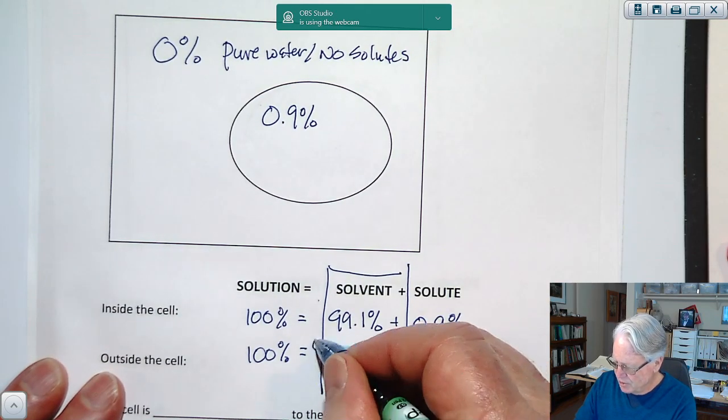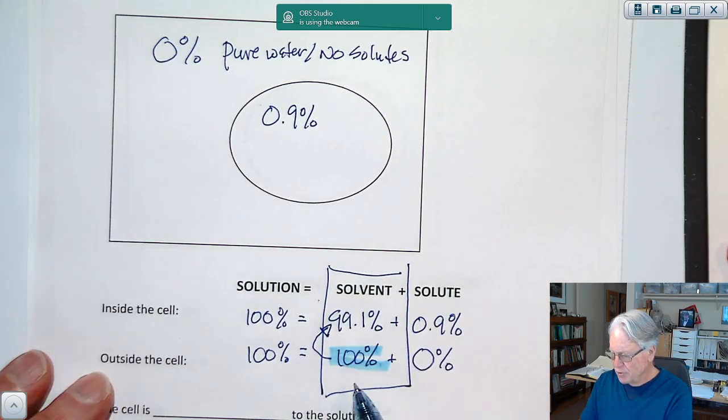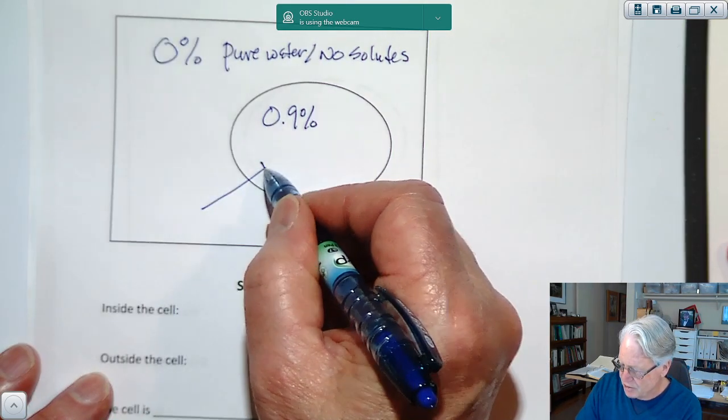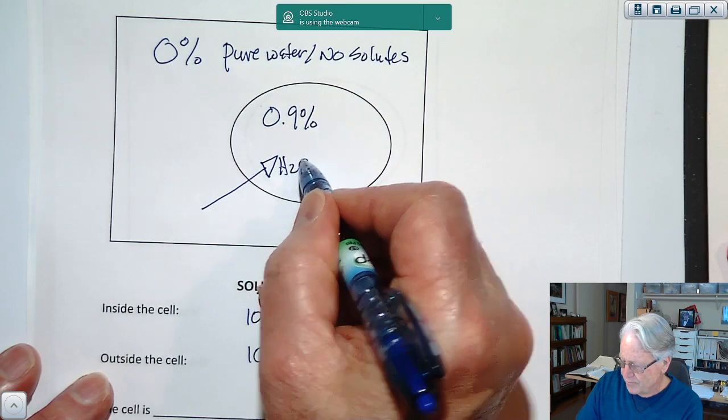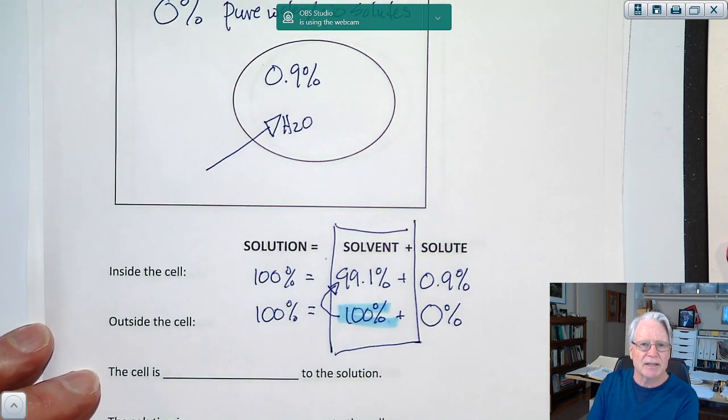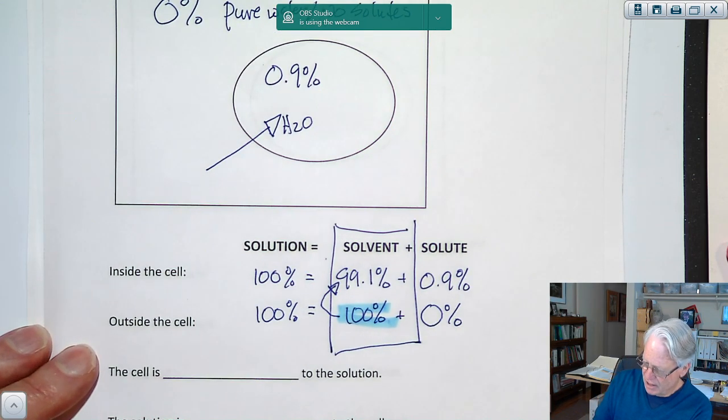So water's going to move in this direction, is it not? It's going to go from the outside of the cell to the inside of the cell. Water's moving in this direction. So the cell is hypertonic.